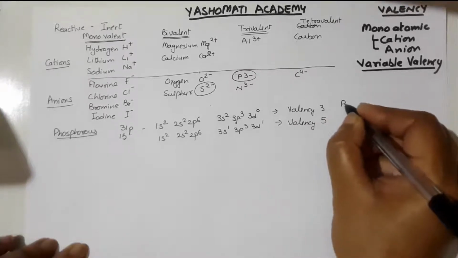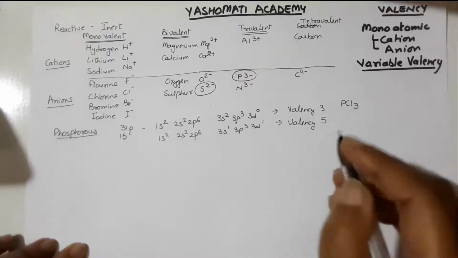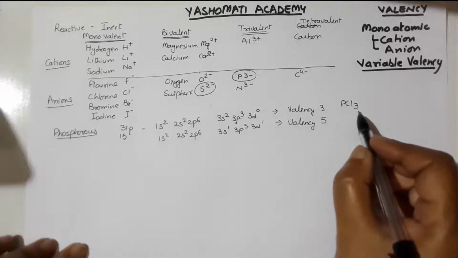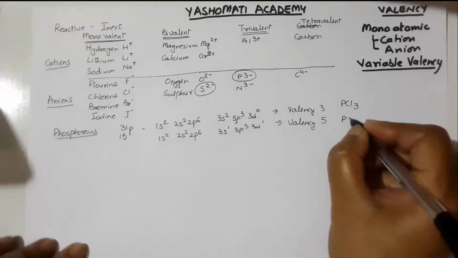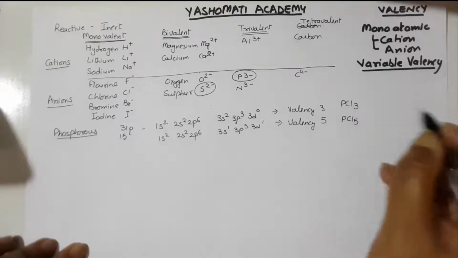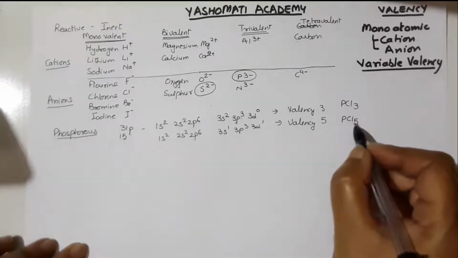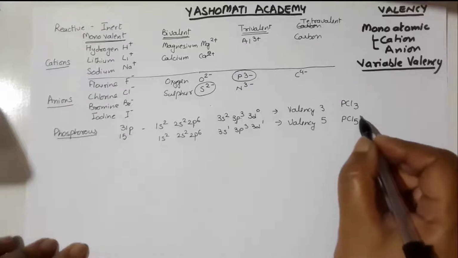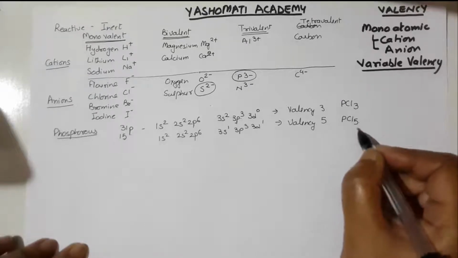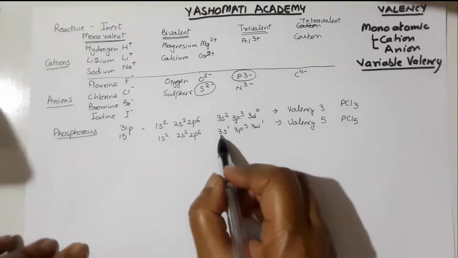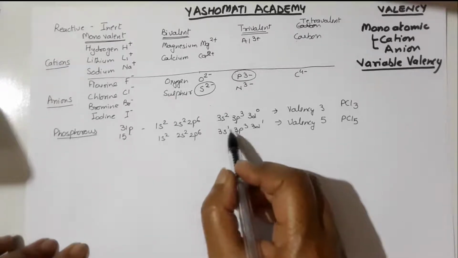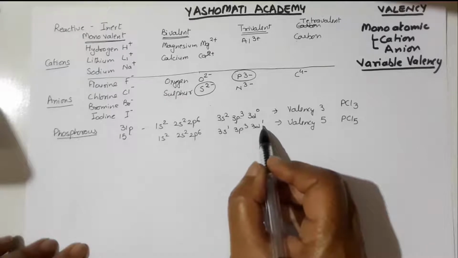And compounds like PCl3, which is called phosphorus trichloride, are formed. But we see that it is able to form PCl5 also, that is phosphorus pentachloride. The reason for formation of 5 bonds is that the 3s2 electron jumps to the 3d subshell, which was initially vacant.